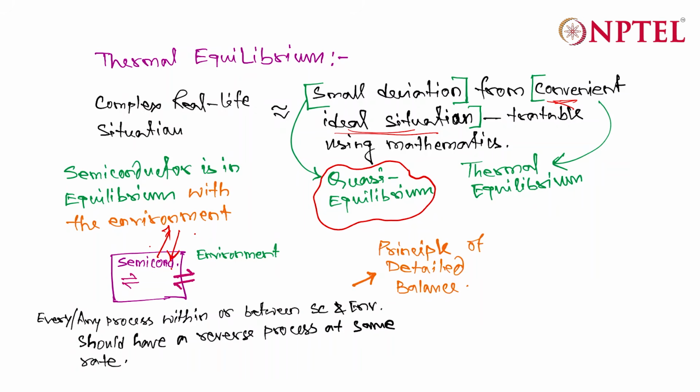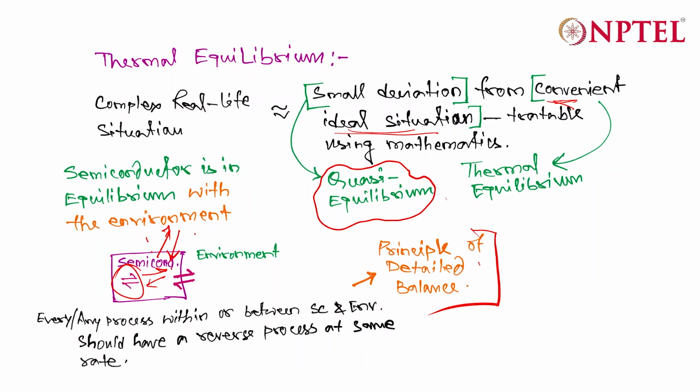Not only with the environment and semiconductor, but also inside the semiconductor. For example, if 10 electrons are going from left to right, 10 should go from right to left, something like that. Each process should have a reverse process at the same rate, which is known as the principle of detailed balance.